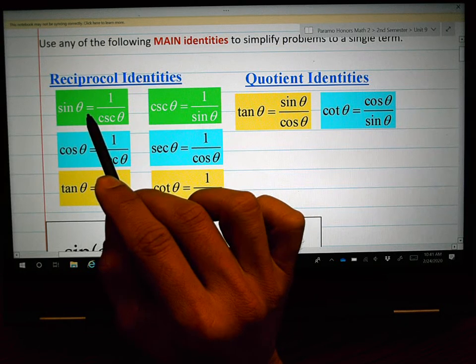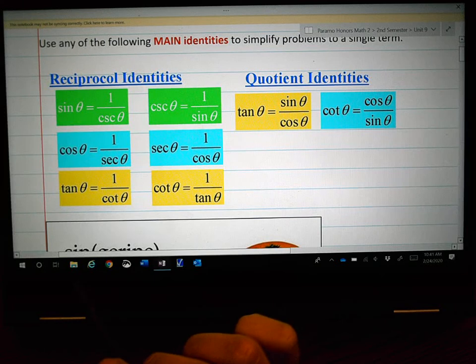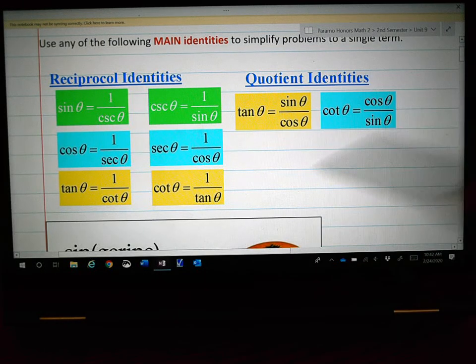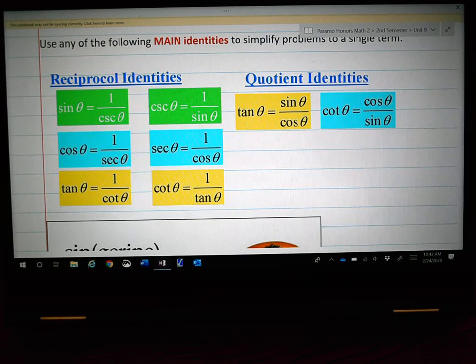Don't get lazy and don't skip putting theta there. Theta matters. The angle matters. It has to be the same angle. Otherwise, it is incorrect. If you're working any of the problems that I'm about to show you later on, if you do not put the angle, you will not receive full credit.